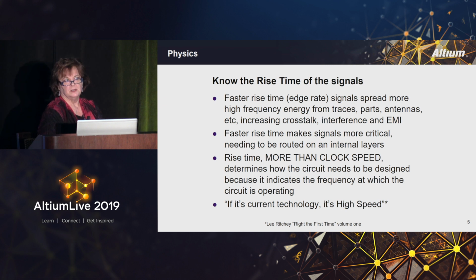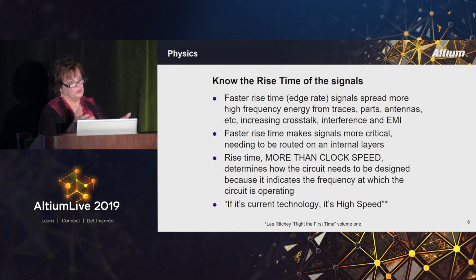And the best definition for that particular question is from Lee Ritchie, and he says if it's current technology, it's high speed. So plan for it now and plan for it later. If you have a part that goes onto a board now, you can design it to the minimum specifications of that part if you like, but there are times when parts are redesigned at the manufacturer, and the manufacturer shrinks the die and things change and it gets faster.